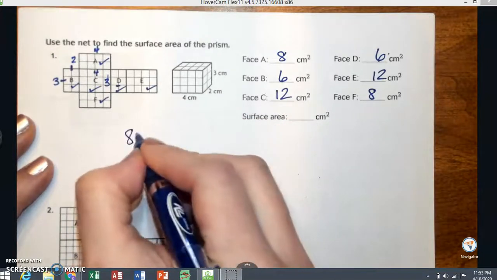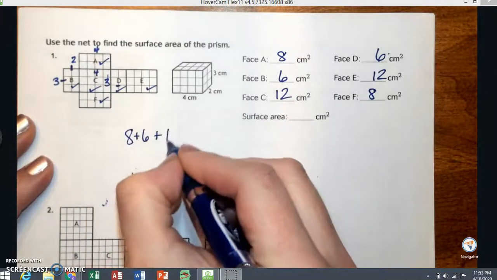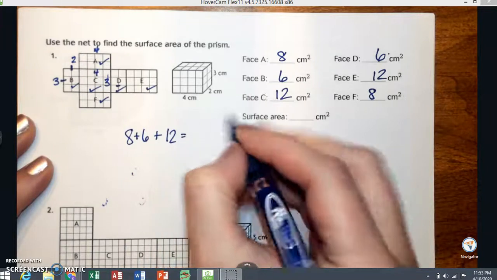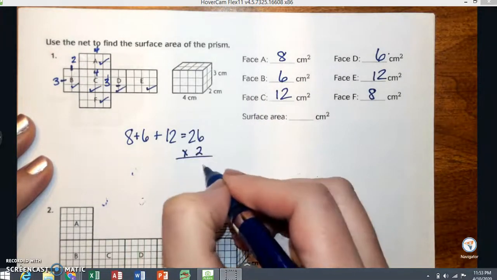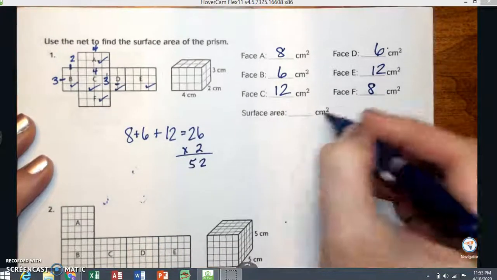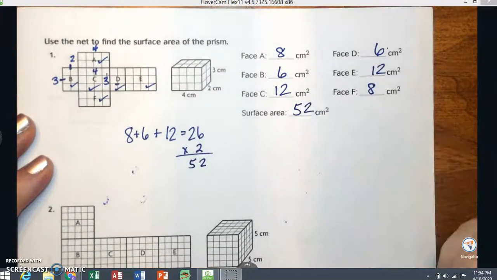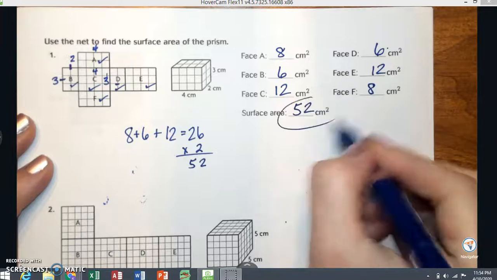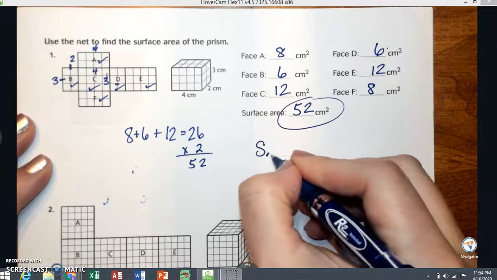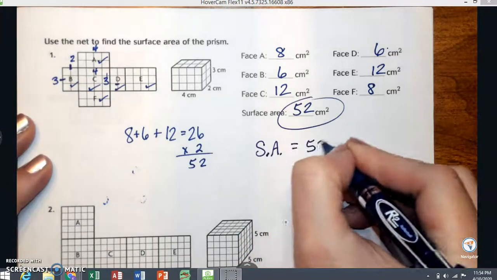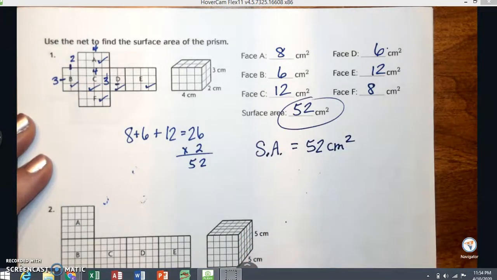So I'm going to add 8 plus 6 plus 12 to get 26. And then I'm going to multiply it by 2 to get 52 centimeters squared as my surface area. Surface area, a lot of times too, you'll see it abbreviated as SA. So surface area equals 52 centimeters squared.